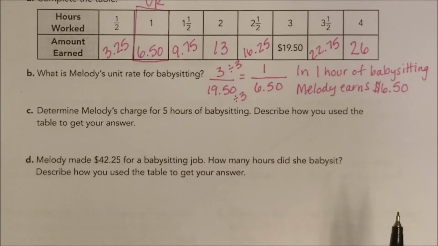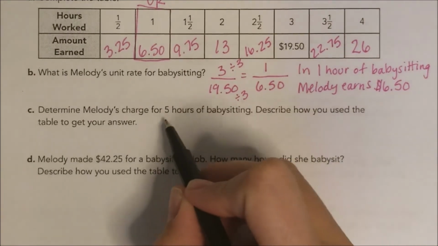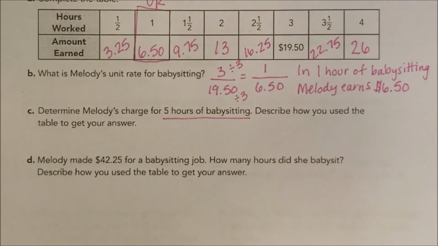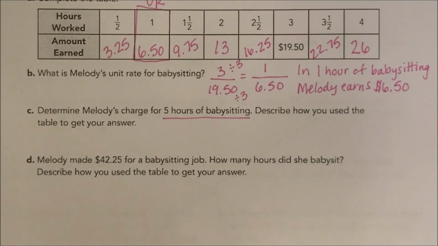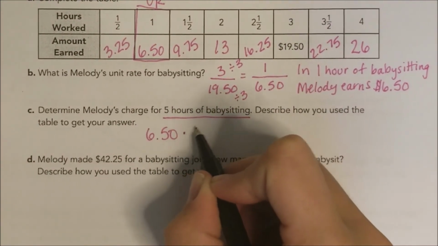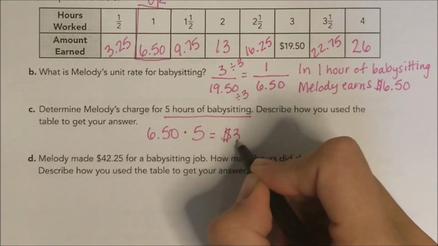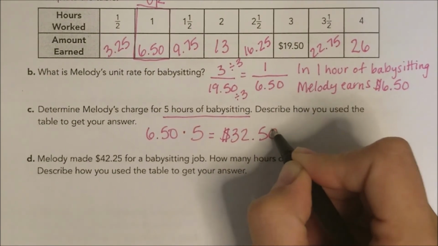So C says, determine Melody's charge for 5 hours of babysitting. So I would take my unit rate, multiply it by the 5 hours, and you get $32.50.